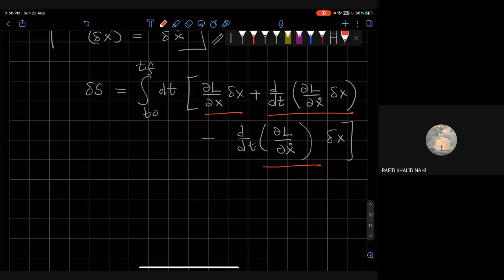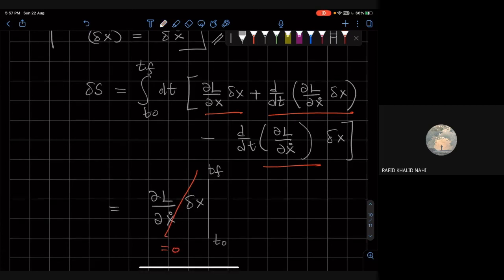So we have two terms which have delta x and one term which is a total derivative. Now we can re-express this and write the total derivative. We can do the integral of the total derivative term, and then it becomes partial L by partial x dot times delta x, with the boundaries being t0 and tf. But we know that delta x at these boundaries vanishes. So this term is going to be 0.